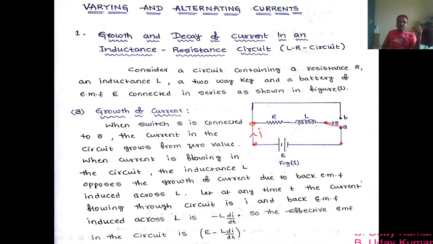Initially at time t equal to 0, the current flowing in this circuit will be 0. This we discussed yesterday. As time increases, the current increases because of this source.